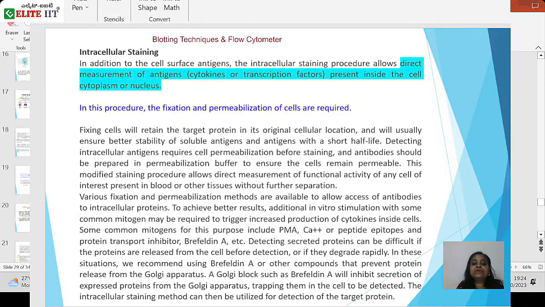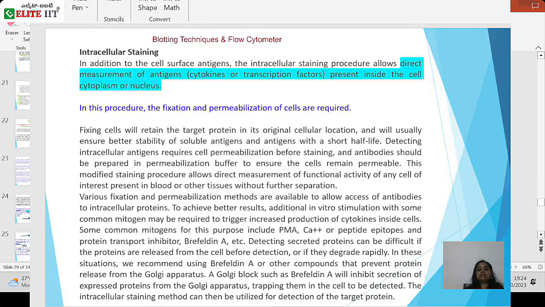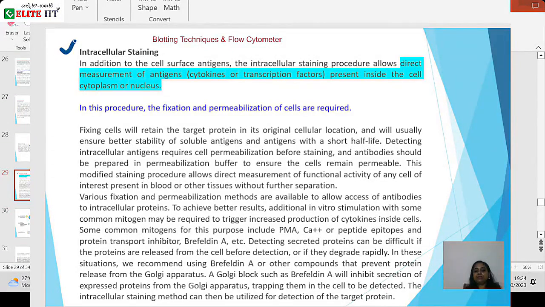Till now we have discussed mainly the outer cell antigen, but you can detect intracellular molecules also, through the intracellular staining method. In addition to cell surface antigens, the intracellular staining procedure allows direct measurement of antigens.